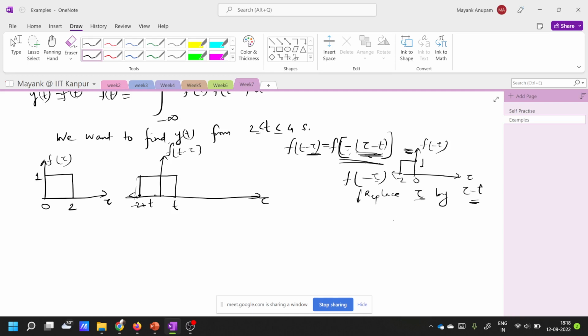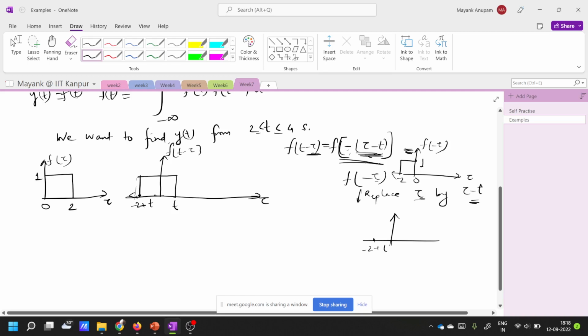So that is what we have done. If you shift it to the right, then minus 2 will become what? Minus 2 plus t, isn't it? And the next point is 0. This 0 will be shifted to t. Got it? This whole graph here is shifted to the right by t.